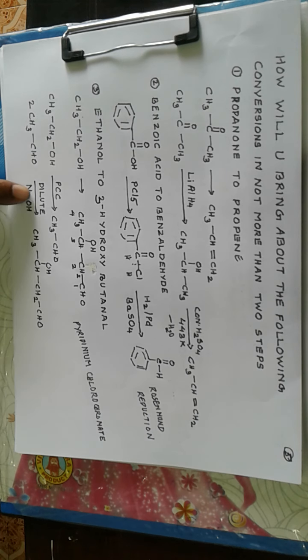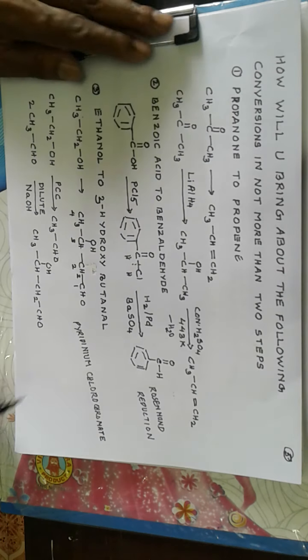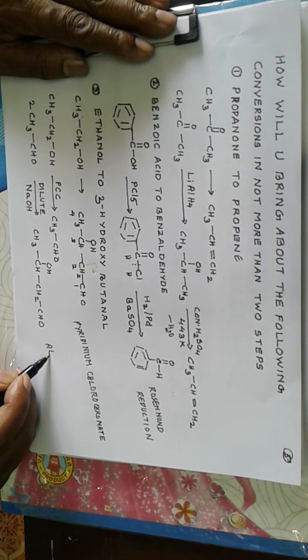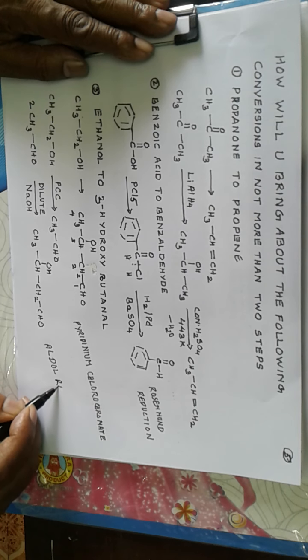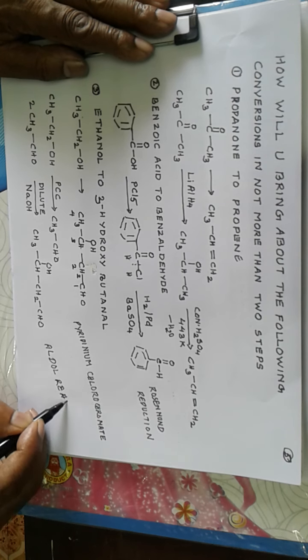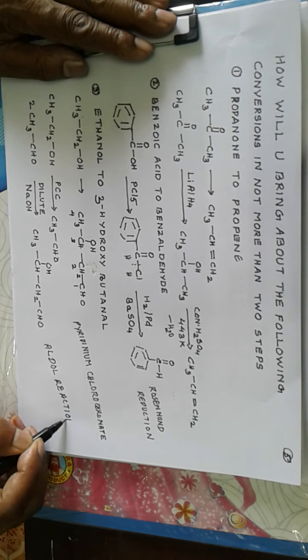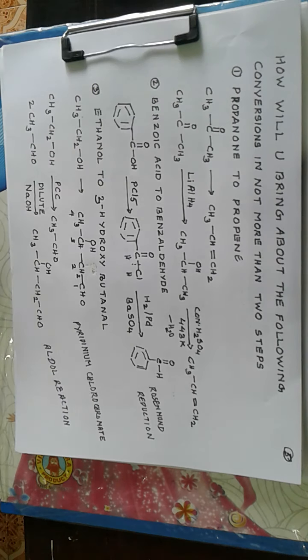Then with dilute alkali we get aldol reaction, not condensation here, aldol reaction, because only an addition reaction occurs. It is called a condensation when we heat the mixture.